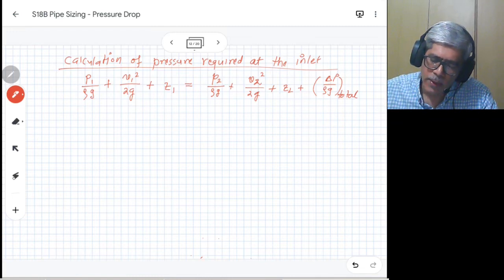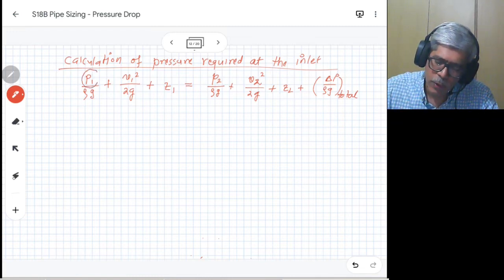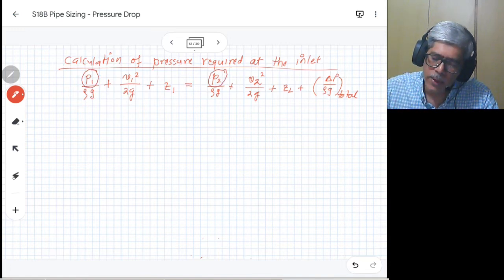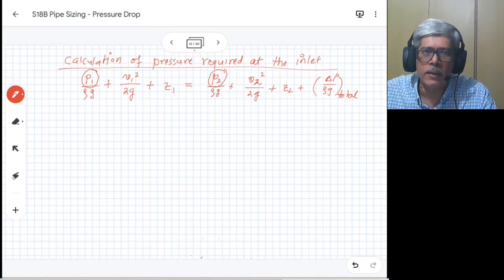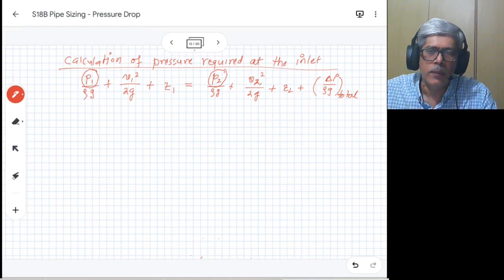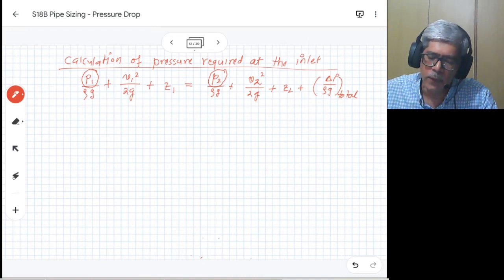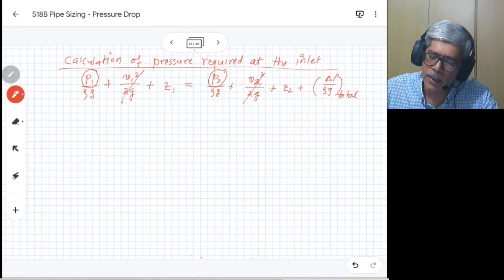In this case, P1 is unknown and P2 is given as 1 atmosphere. If you look at the pipeline, both the inlet and outlet pipelines are 4-inch size, and since the flow rate is the same, the velocities are equal, so the velocity head will get cancelled.